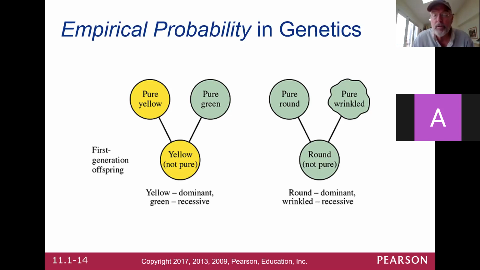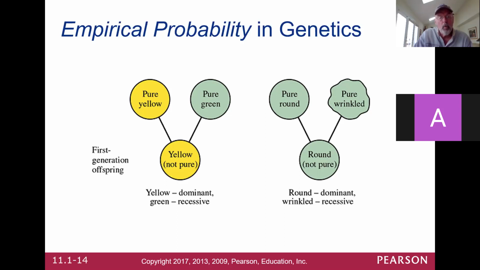Again, we could apply the same thing for pea plants that are round or wrinkled, and he saw that as being round after one generation. He had to understand this without knowledge of heredity.